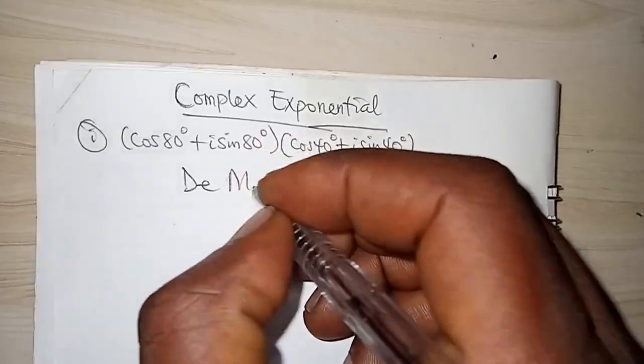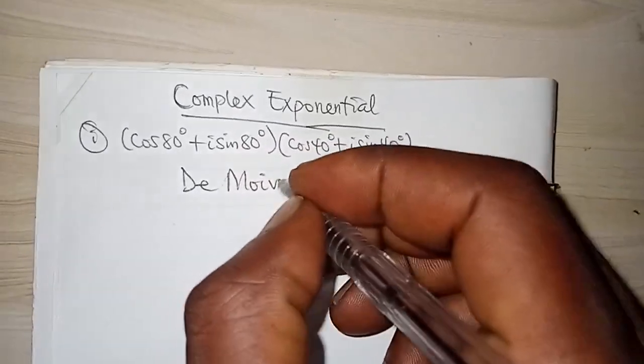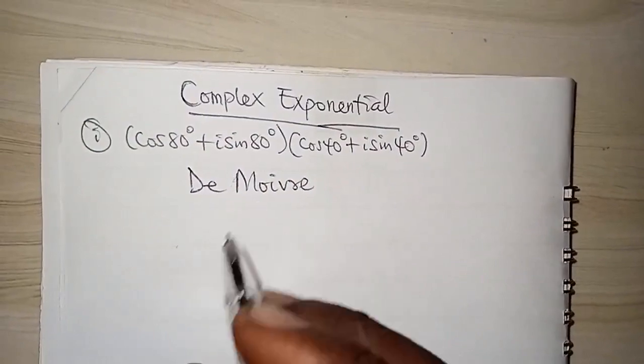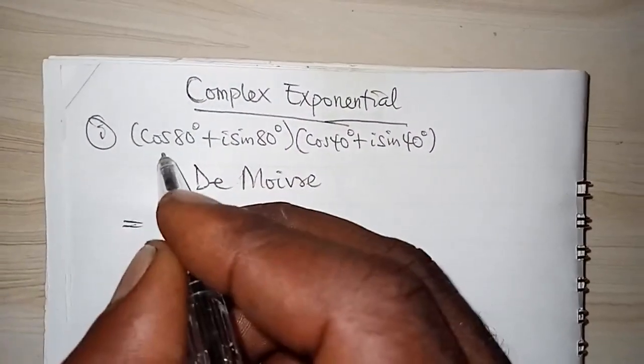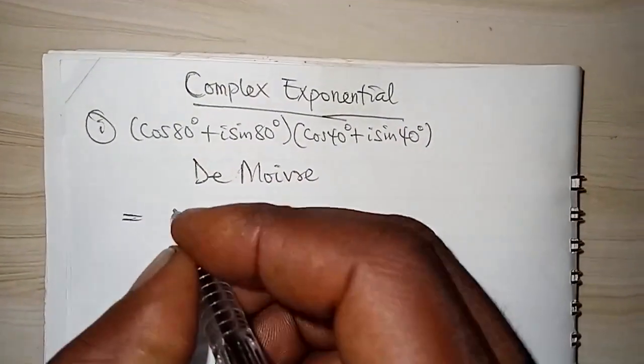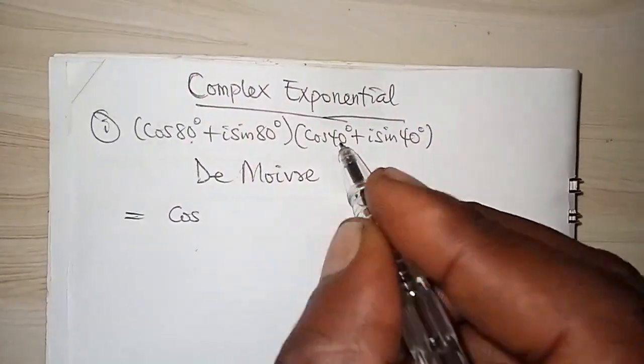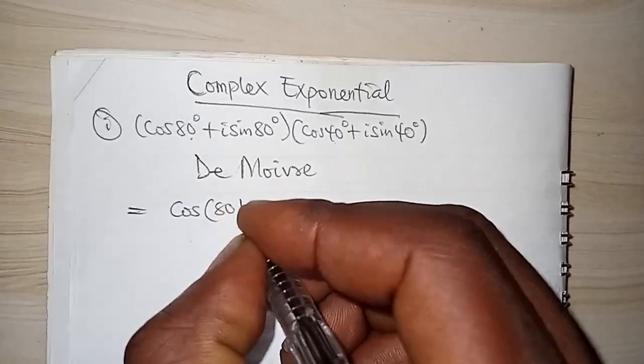If we use the De Moivre theorem, cos will bring out cos 80. Over here we have 40, so we say 80 plus 40.